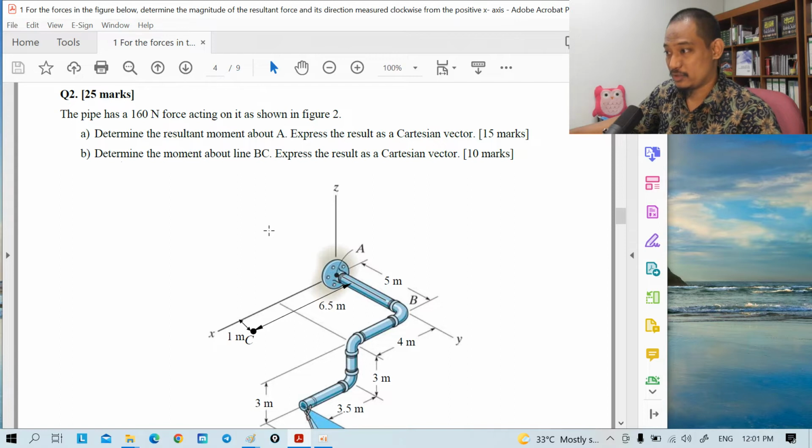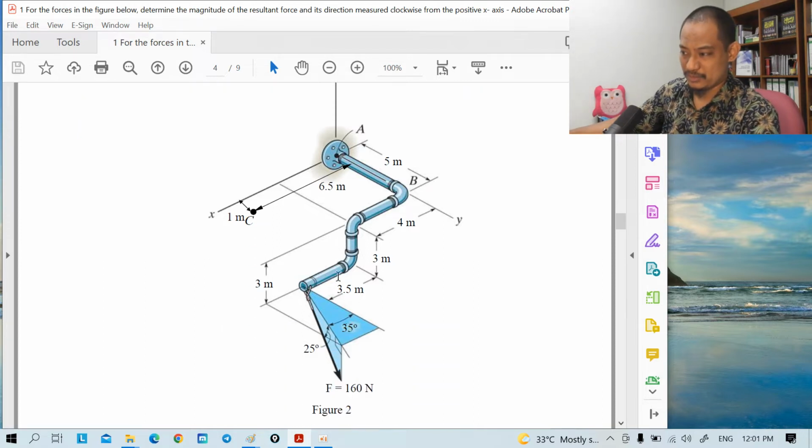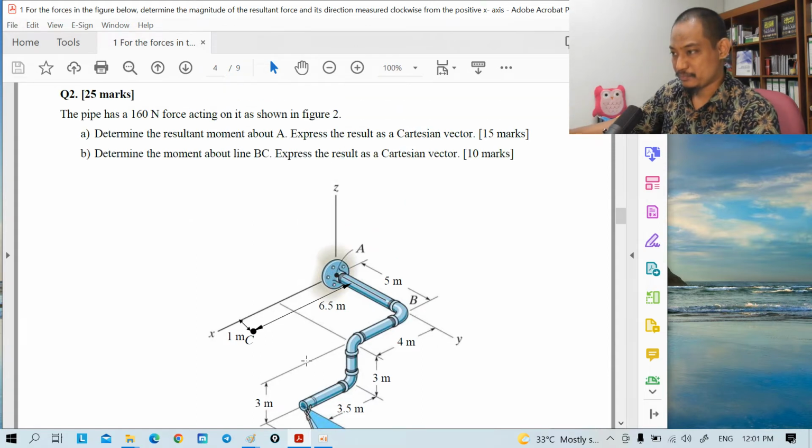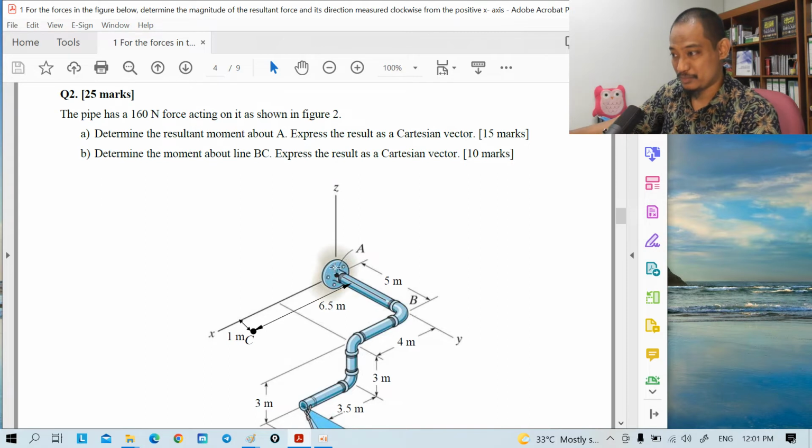Right, so two questions, and hopefully you understand what the question wants. One is the resultant moment. In this case there's only one force, so the resultant moment will be just due to that one force. So moment about point A is a moment about a point. Second is moment about line BC.